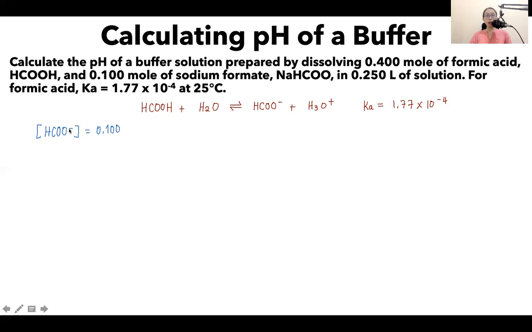So for the molarity of formate, our conjugate base, we have 0.1 mole divided by the volume of solution is given, 0.250 liter. So we don't need to add anything else. This 0.250 liter is the total volume of the solution.